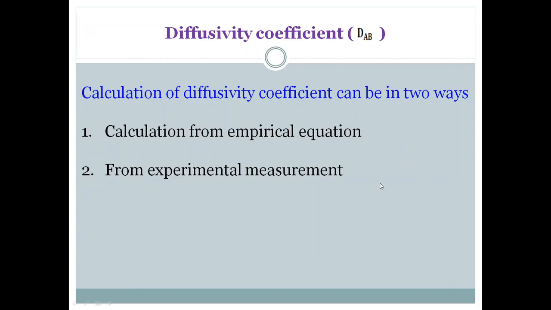We should check the problem. That's why one is for calculation and another process we adopt to check whether it is correct or not. When the difference is very marginal, then we can confirm that this calculation of diffusivity is correct. That's why people use both empirical correlation as well as experiments.